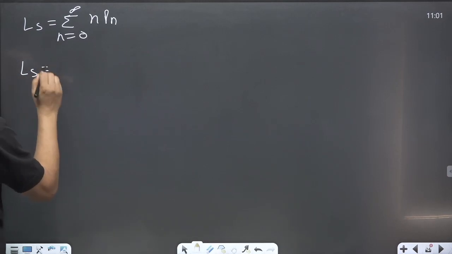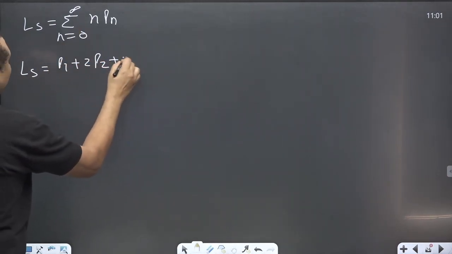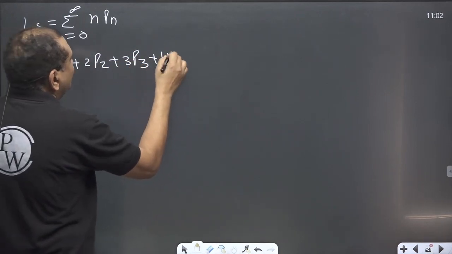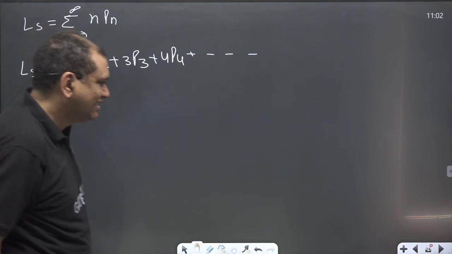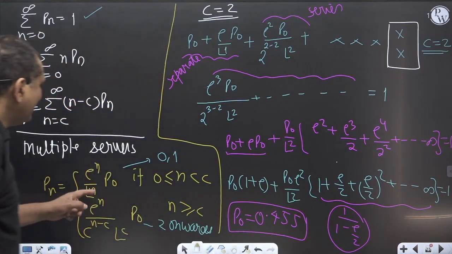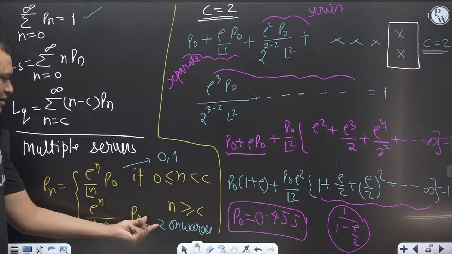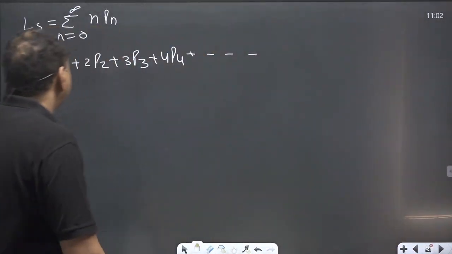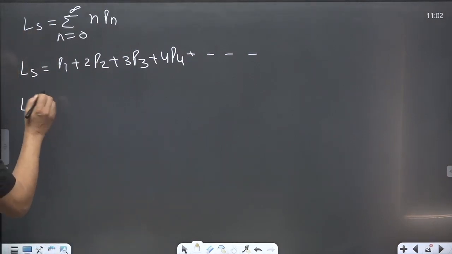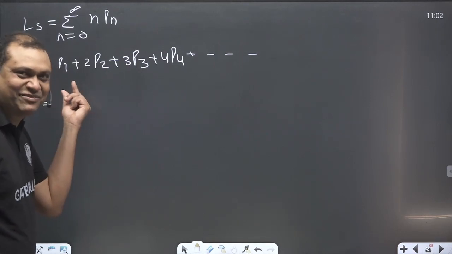LS is nothing but P1 plus 2P2 plus 3P3 plus 4P4 and so on. For 0 and 1, this will be one Pn, and from 2 onwards, this will be the other Pn. Okay? So LS, because 0 times factor itself is not there.